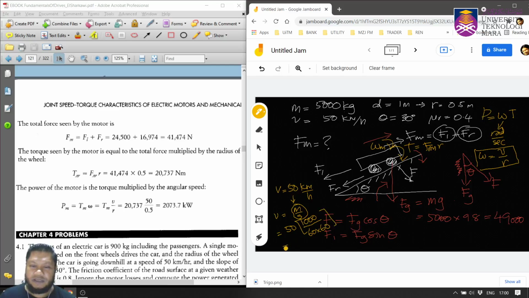So if I may calculate, 50 multiplied by 1000 divided by 60, multiplied by 60, that gives me 13.88 meter per second.